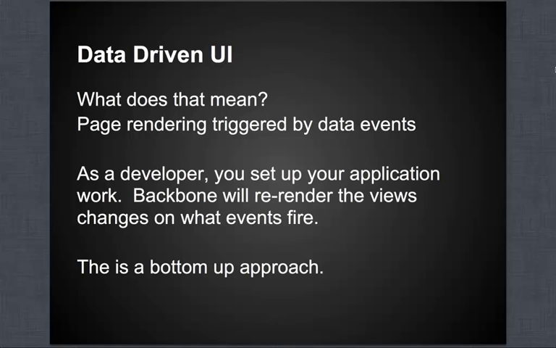So what is data-driven UI? Basically, Backbone has the models and collections, the groups of models, sitting on the client side. Whenever there's a change to this data, it's going to fire an event. Your views can be set up to listen to any one of those events or ignore those events, depending on what you're building.